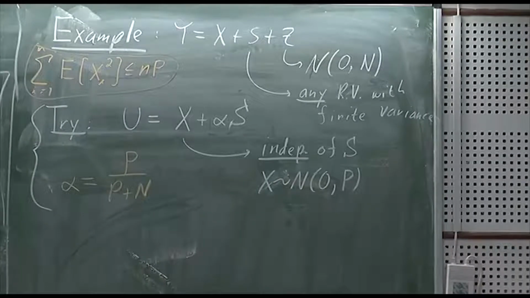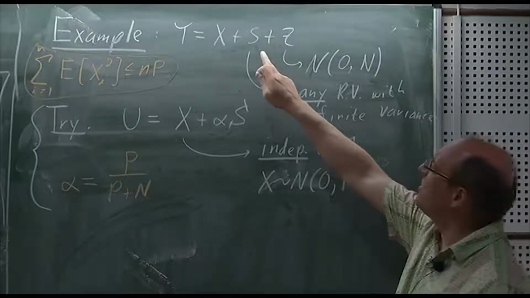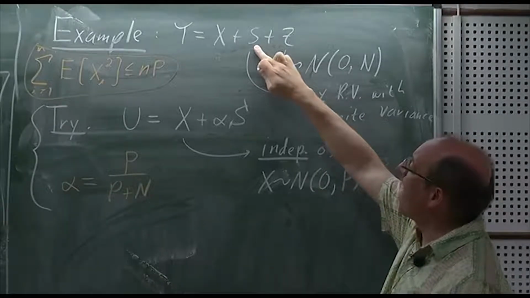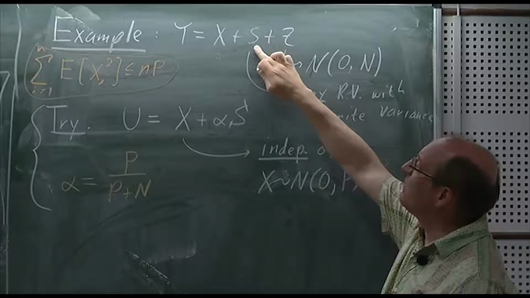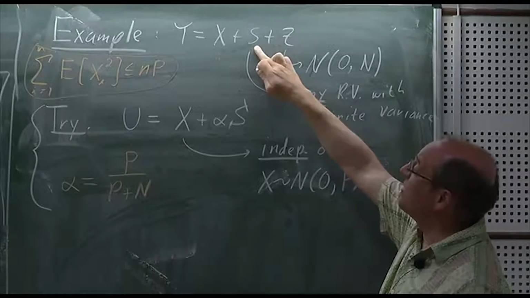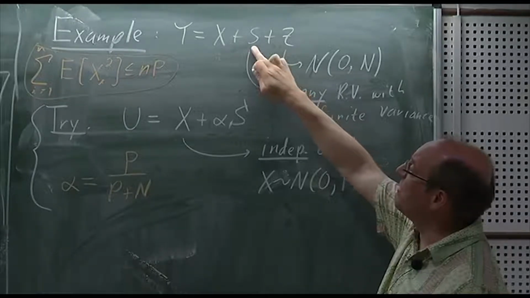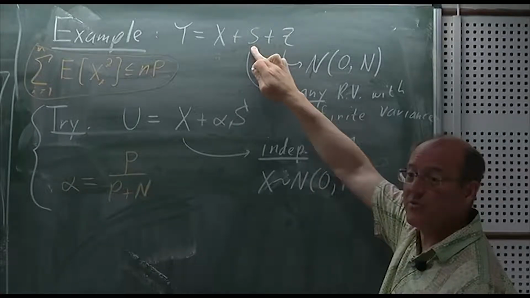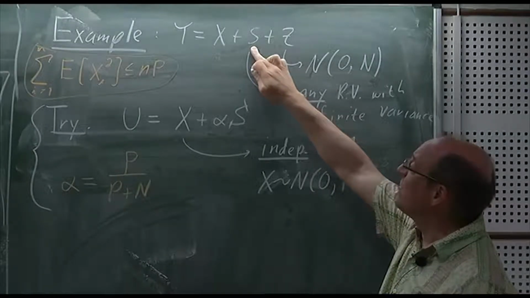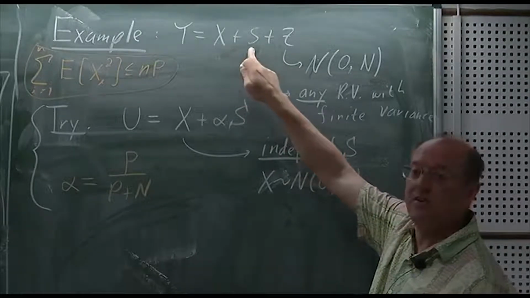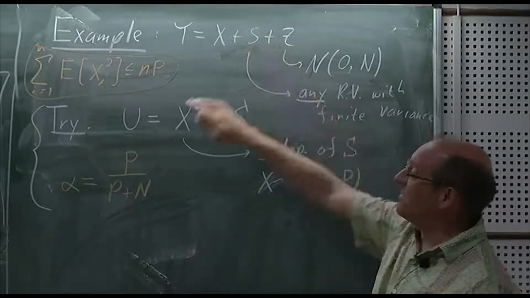So again, as an example, suppose the interference is really tiny. Then the natural thing to do at the transmitter, if you know the interference, is to subtract it off, right? Why wouldn't I choose x to be like u minus alpha s, which is what I'm doing?